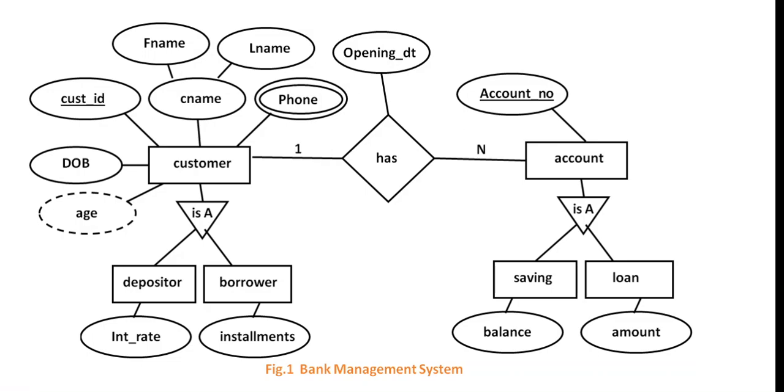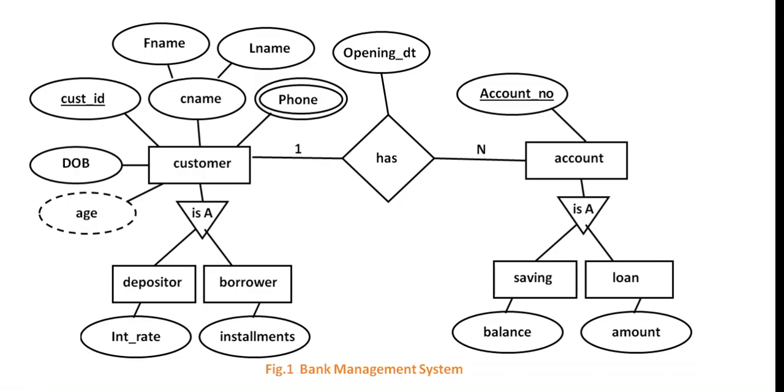Phone is a multi-valued attribute, age is a derived attribute, and customer ID is a primary key. Similarly, we have another entity, account. Account has one attribute, account number, which is a primary key, and a one to many relationship is there. So customer and account both share one relationship, that is, has.